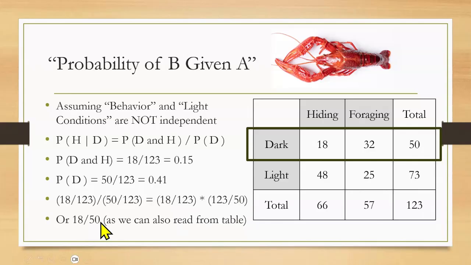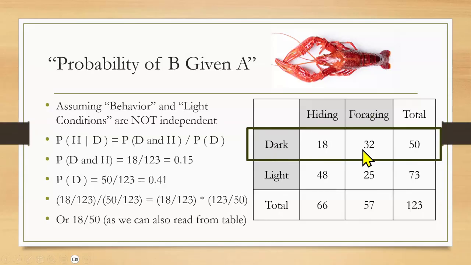All right, 18 over 50, look, we can read it right from our table. So if I want to know the probability of hiding given dark, we're saying, okay, I know these crayfish are in a dark condition. What's the probability they're hiding versus foraging? Right, so what this contingency table allows me to do is basically see, given dark, what's my probability hiding?